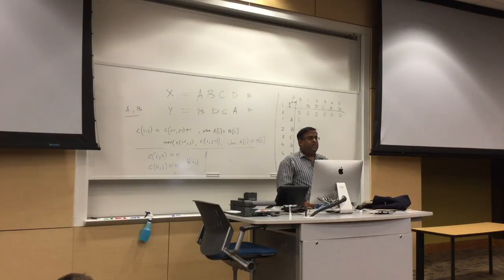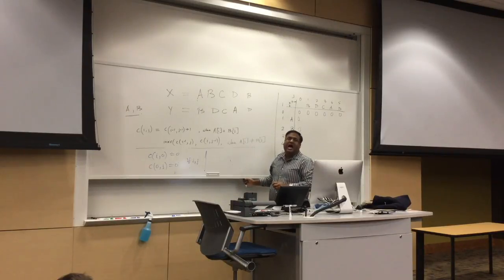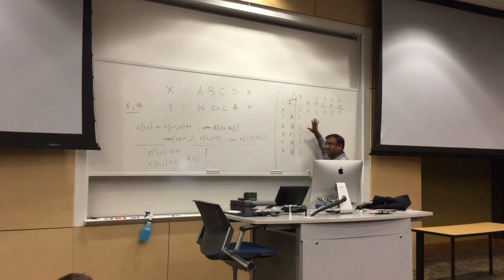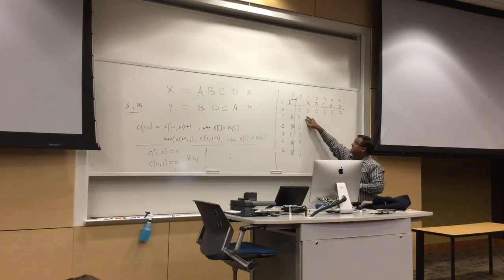Now you compare: if there's the same character, you add 1. If they're not, you choose the maximum of the top and left. So we apply these rules. How do we go about filling this table? You can go in whichever way starting from this point. You can fill this row, then this row if you want, and so on.